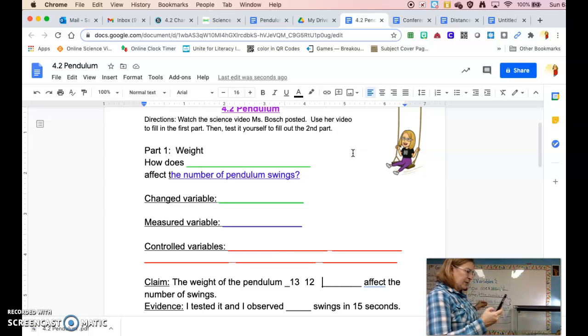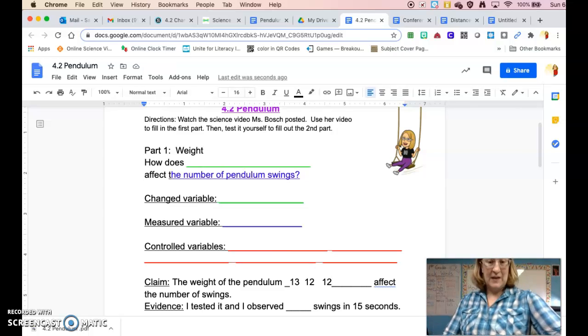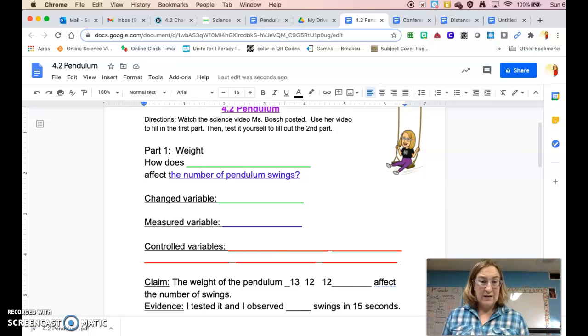Okay, on our marks, get set, go. 1, 2, 3, 4, 5, 6, 7, 8, 9, 10, 11, 12. That was another 12. I don't know if you could see it well on the screen. So I could write down in my results that it was 13, 12, 12.